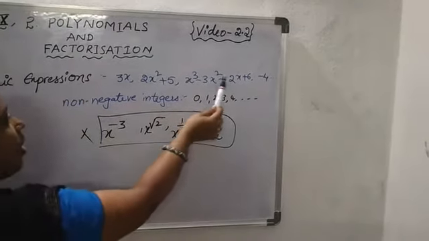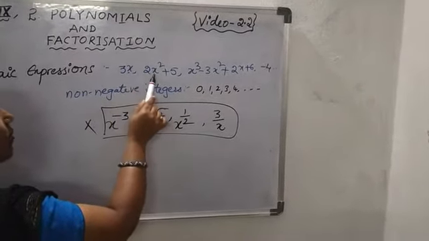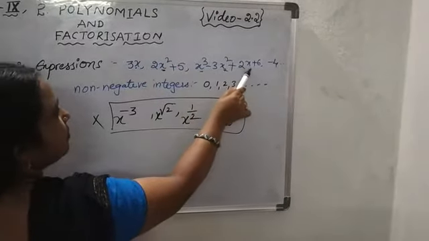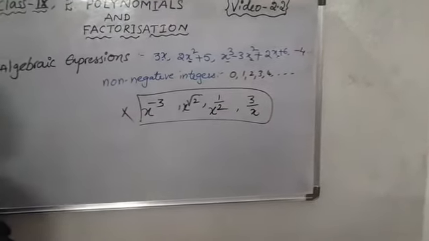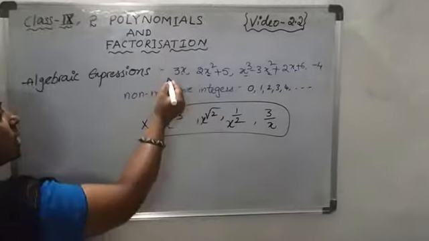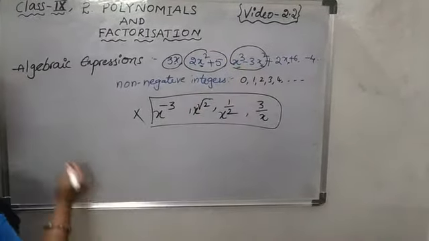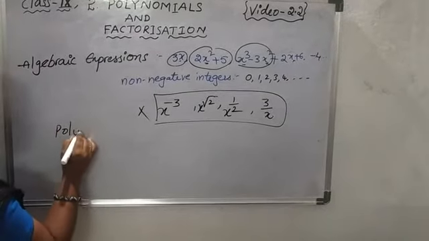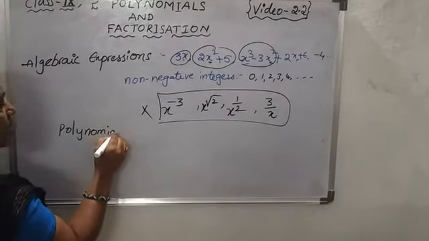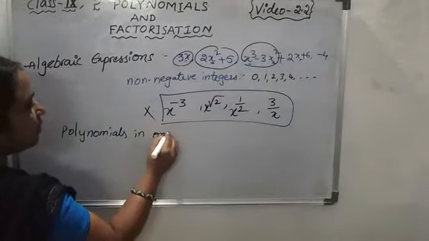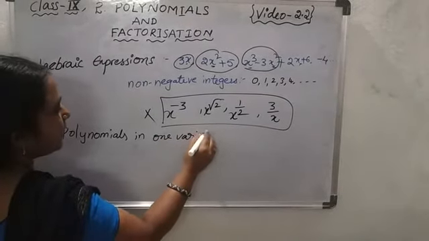Here observe, all the expressions have only one variable, that is x. Right? These types of polynomials are called polynomials in one variable.